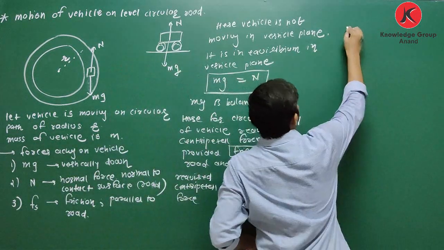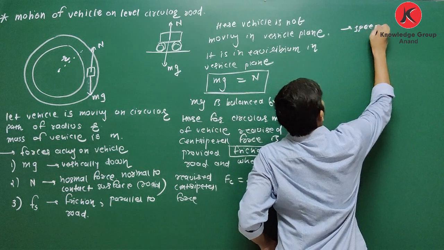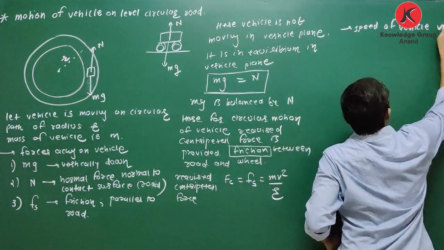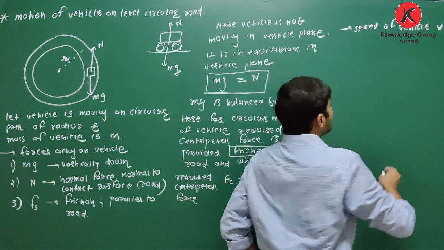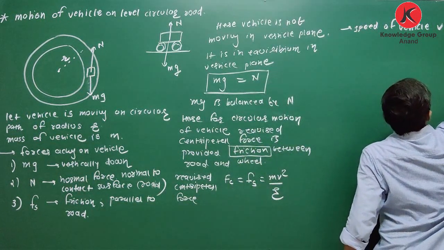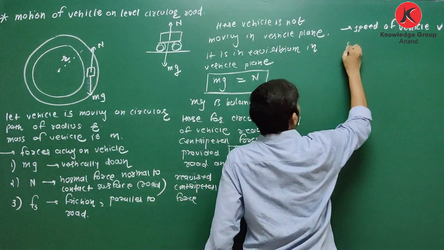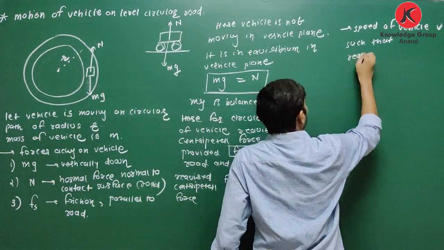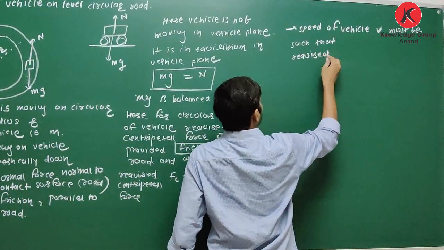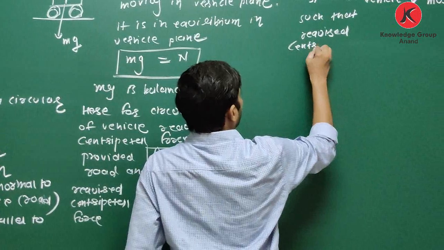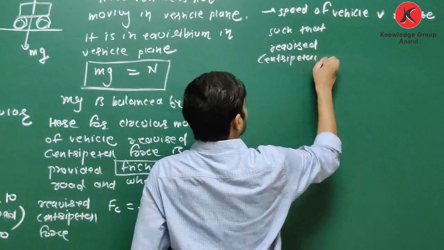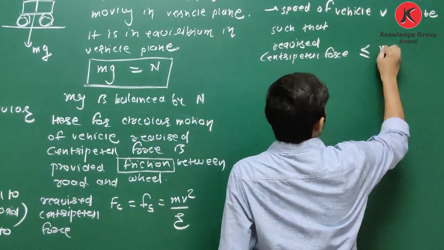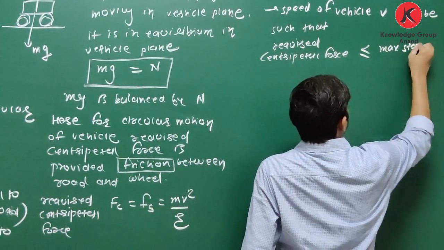The speed of the vehicle v must be such that the required centripetal force must be less than or equal to maximum static friction.